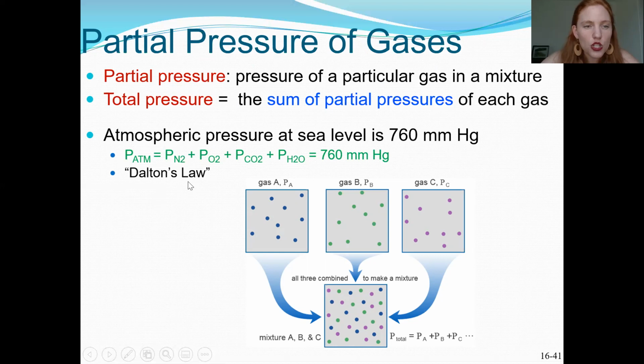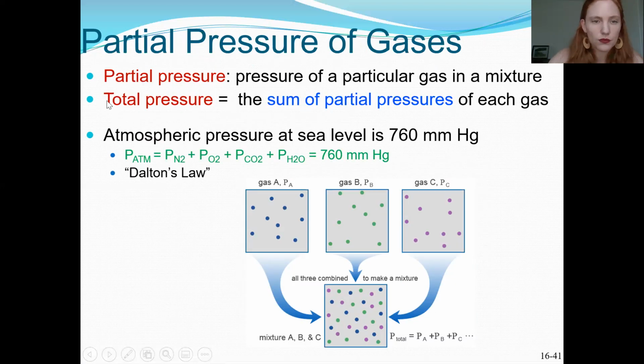So this is called Dalton's law, right? If you take the partial pressure of A and you add it to the partial pressure of B and the partial pressure of C, you're going to get the total pressure of everything. That's Dalton's law.